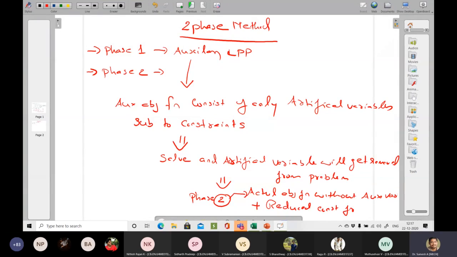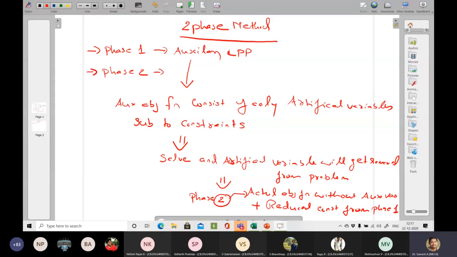When you solve the auxiliary LPP, your constraints are modified. That modified constraint you have to use in phase 2 with the actual objective function. This is how we proceed with a problem in the two-phase method.